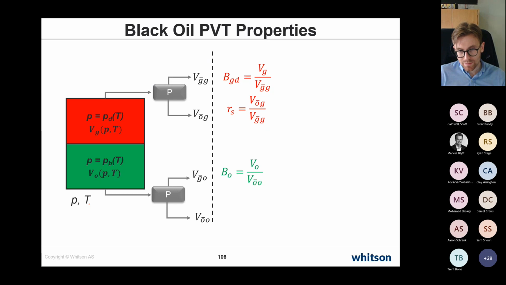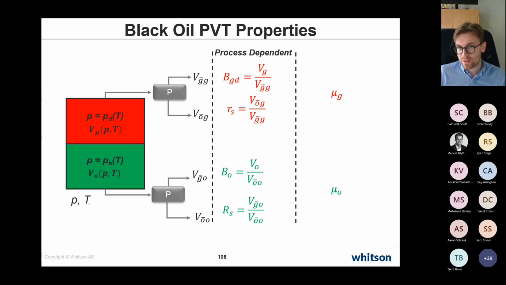On the oil side, the formation volume factor is simply the reservoir volume of oil divided by the surface volume of oil originating from the reservoir oil phase. And the solution GOR is just the surface gas originating from the reservoir oil divided by the surface oil originating from the reservoir oil phase. These properties are process dependent, which means that if I change the number of stages, the formation volume factors and these numbers will change.